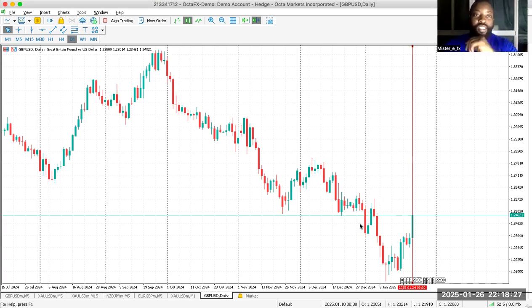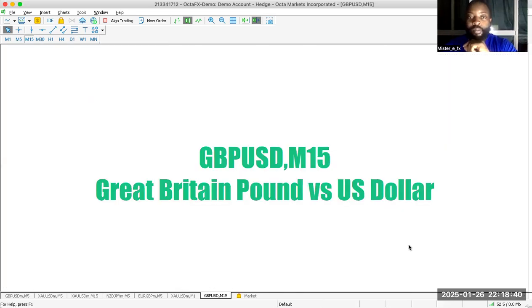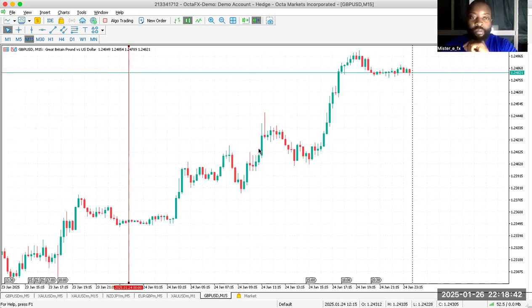Is there anybody who doesn't understand what I mean by that? If I divide this by 4, it means we have 6 hours, which means your market needs to be divided by 6. I'm going to go on a smaller time frame so you can see that properly. So this is a full day, divided by 4, which means every 6 hours.